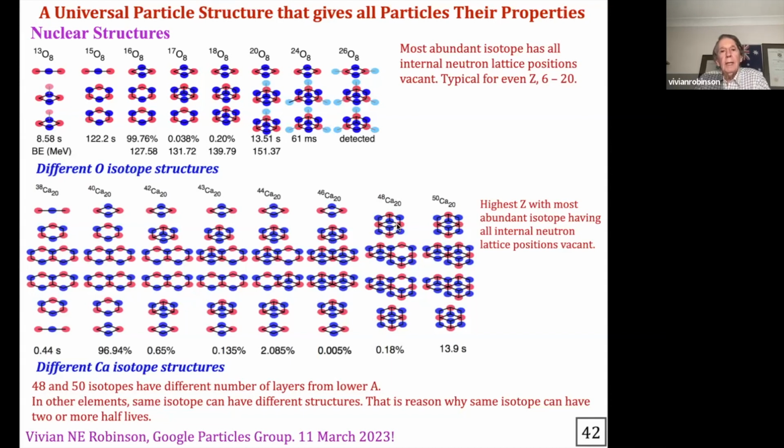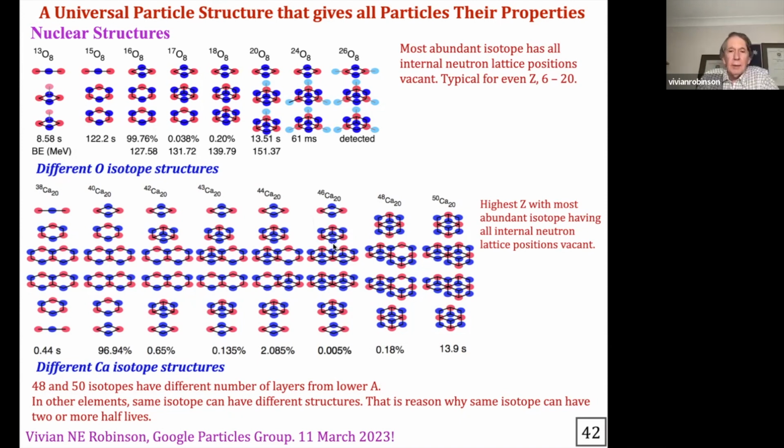And in this case, calcium 40 has 4 layers, not the 6 layers of the previous ones. Now, the reason I mention this is that when you get to higher Z, around 40, 50, 60, and that sort of thing, you can get many different isotopes.